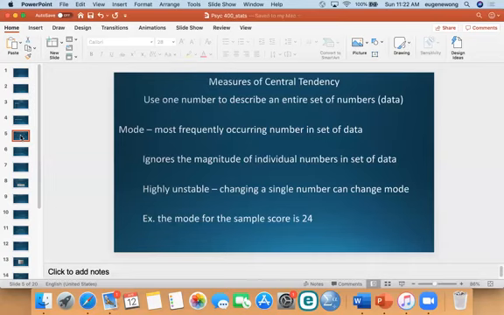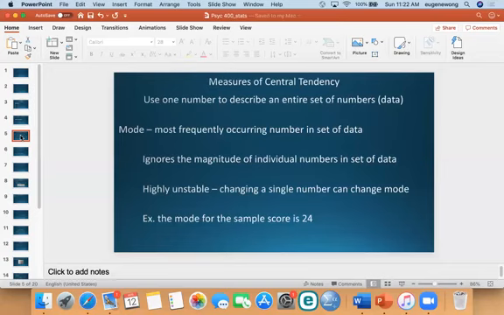That is your mode. So for example, the mode in the sample data that I gave you is 24 because it happened the most often of any of the scores.